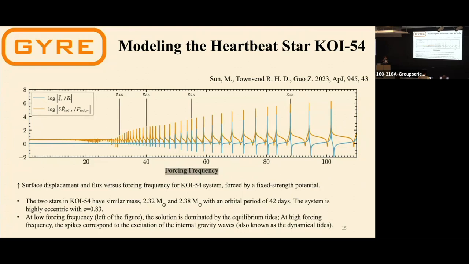For other systems, there are not too many works that specifically focus on one heartbeat system, make a very precise model and do tides or asteroseismic model analysis, so I don't quite know if other systems also work. Hopefully. But my impression is that nonlinear effects are more important for low mass stars. That's the reason why I keep saying that for massive stars or massive binaries, GYRE tides can give very good estimates of the tidal dissipation rate.